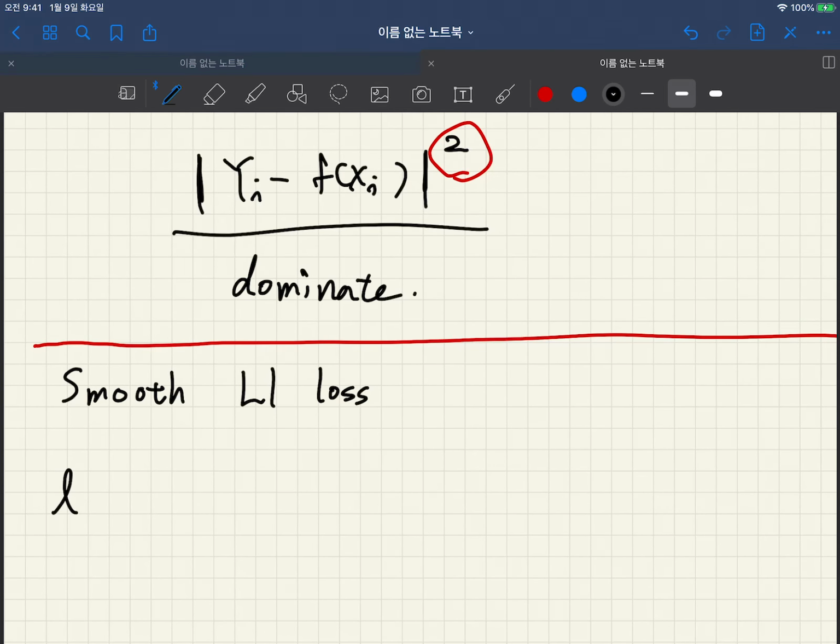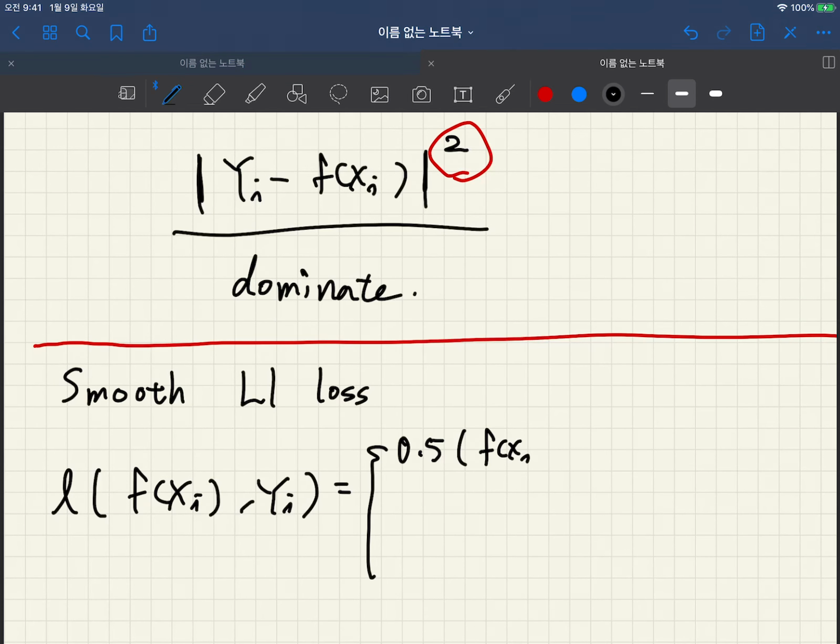We define the loss function of f(x_i) and y_i in this way: 0.5 times (f(x_i) minus y_i) squared if the absolute value of f(x_i) minus y_i is less than or equal to 1.